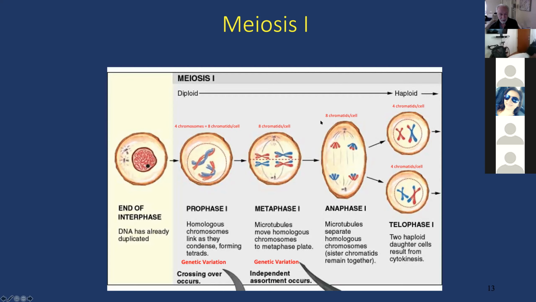We've gone from 4 chromosomes to 8 chromatids per cell, and now we're back to 4 chromatids per cell, 2 chromosomes, 4 chromatids in each of these cells. And this is telophase 1. So this will be a little more meaningful to you after we consider what else happens.